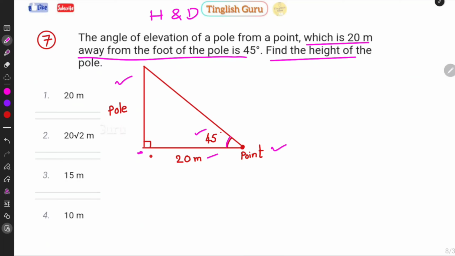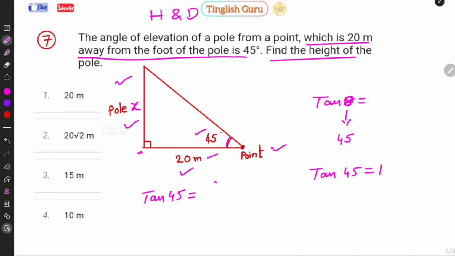This is nothing but tan theta. If the angle theta is equal to 45 degrees, then tan 45 will be 1. That means both these sides are equal. Let us say this value is x. What is tan 45? Tan 45 is equal to the opposite side divided by the adjacent side.